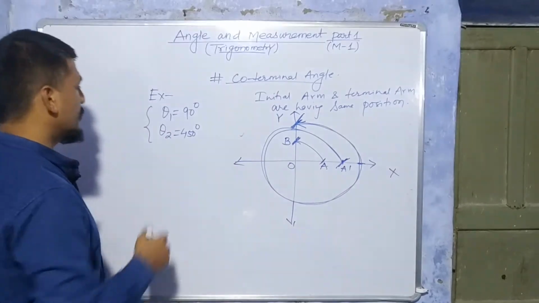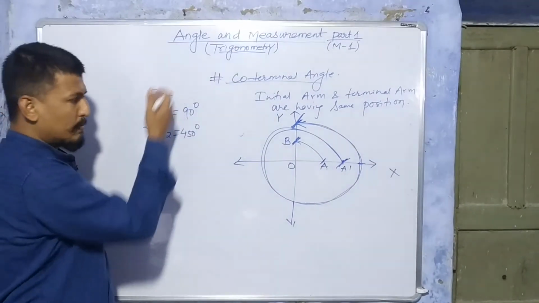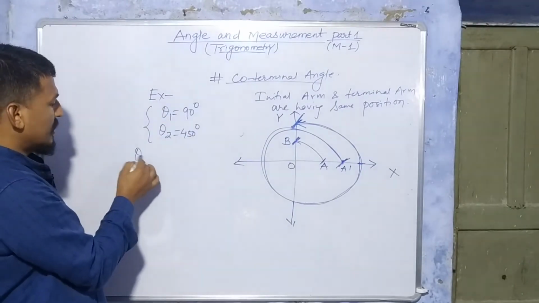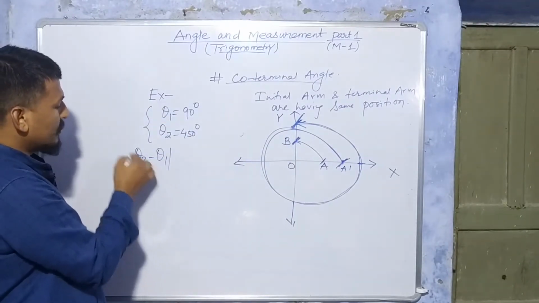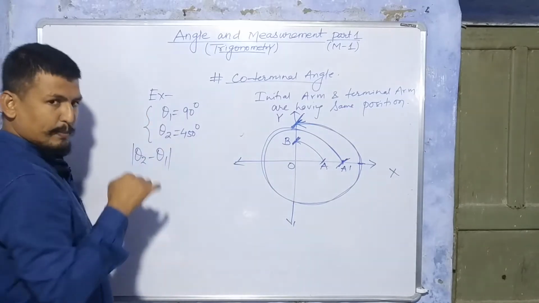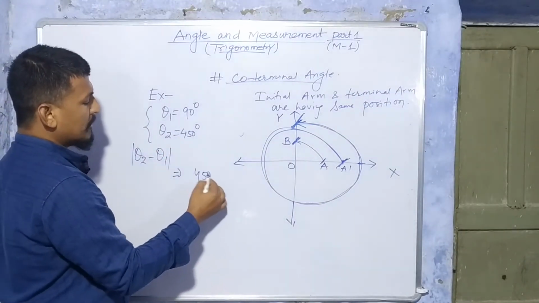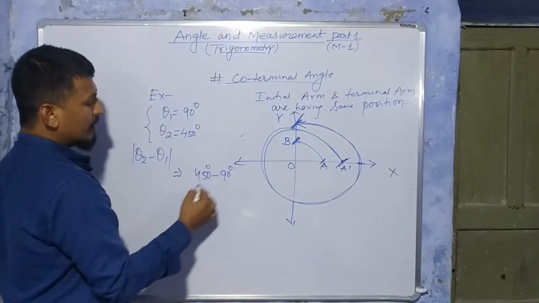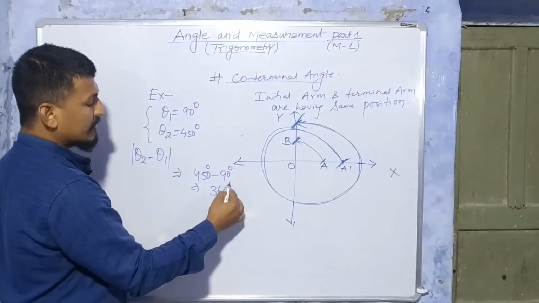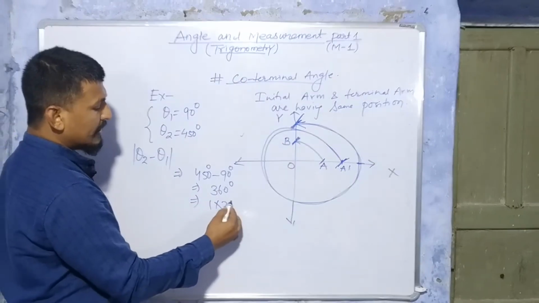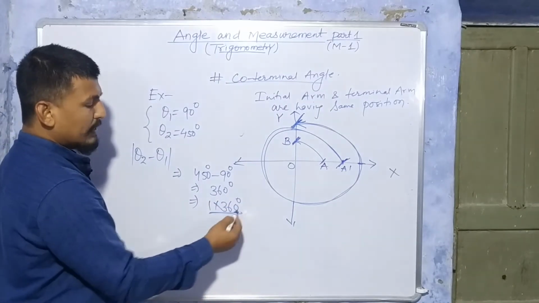What you have to do is just subtract. The difference of angles means theta 2 minus theta 1, whichever is greater. So theta 2 minus theta 1 is 450 minus 90 degrees, which is 360 degrees, and this can be written as 1 into 360 degrees.